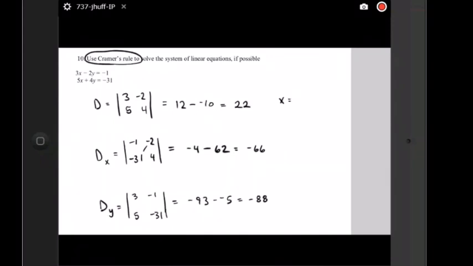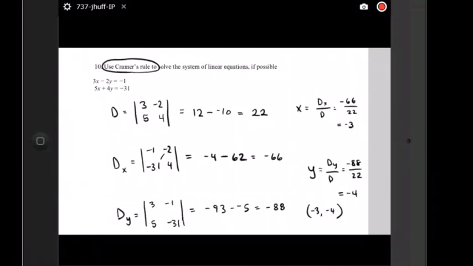and then once you have those three determinants, you can solve using Cramer's rule. And then y is D sub y divided by D. So this is saying that x is equal to -3 and y is equal to -4, which again, as you saw with the last problem, it's always a good idea to check.